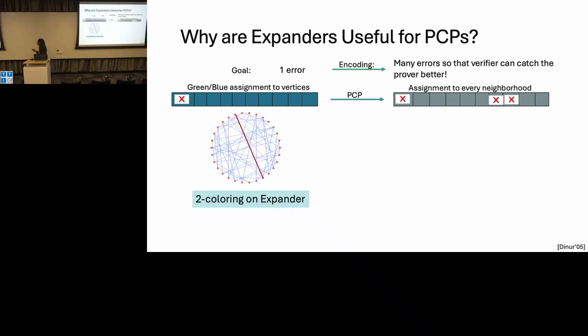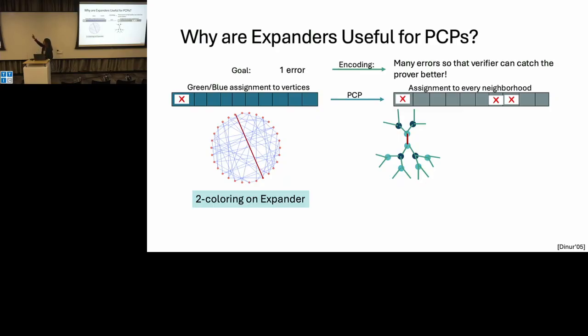more clauses. So what Dinur did was to ask for an assignment to every neighborhood in the graph. So instead of this location having only the color of the vertex here, you ask the prover to give you a coloring of the neighborhood, a small constant size neighborhood around this vertex.